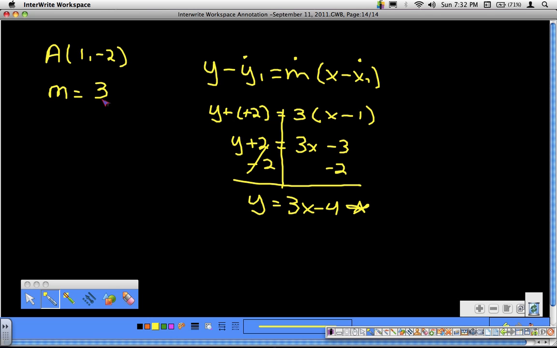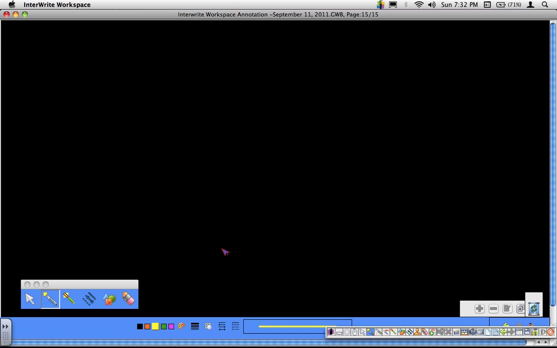So one like this where they give us x1, y1, and they give us a slope, fairly simple. Plug and solve. All right, let's look at one where they give us 2 points. Okay. So this one, we're going to look at our 2 points. Let's go with this. Point A, we'll put at 3, 5.